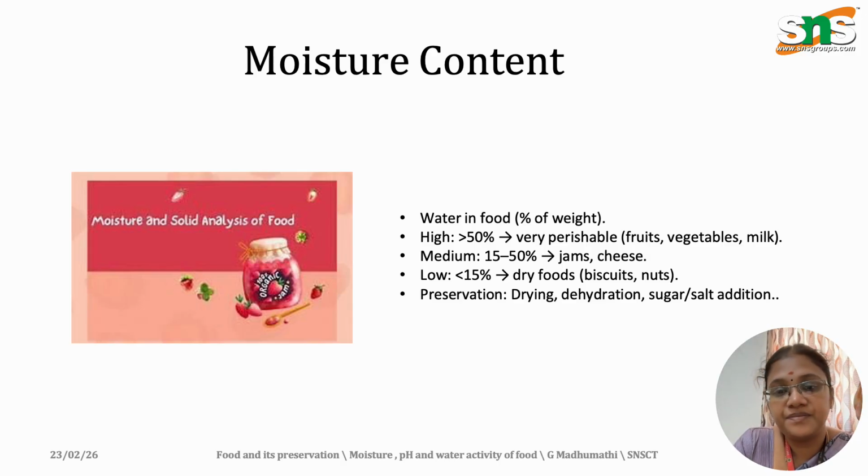So we can understand that the percentage of moisture present in any type of food should not be too high and has to be kept in control. For reducing the moisture content, we can adopt methods like drying, dehydration, or sugar or salt addition techniques.